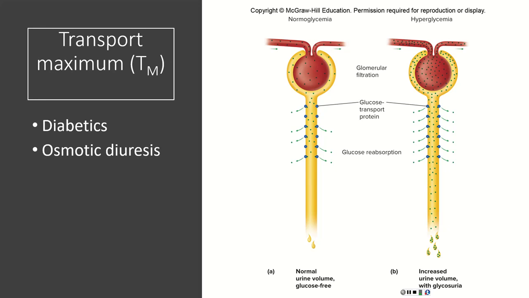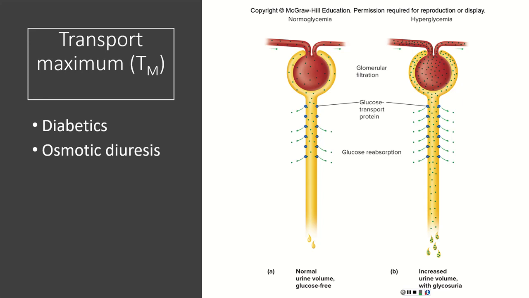But I want to talk about transport maximum. And this will be the last thing that we talk about today, but it's important to see exactly how and why it's important to understand those mechanisms that we're reabsorbing things. So let's look at glucose as an example.